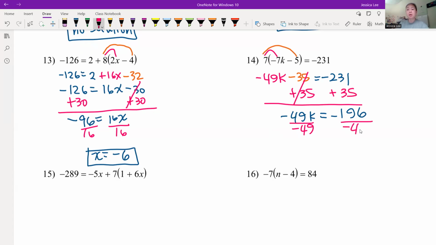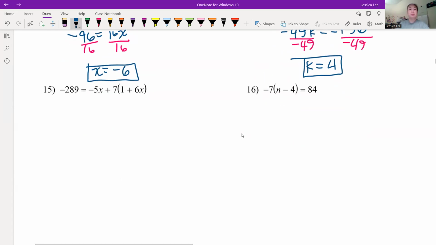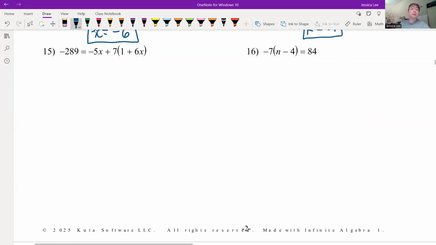So k is equal to, negative divided by negative is positive, and I know 49 goes in there 1, 2, 3, 4 times. So k is equal to 4. Woohoo!